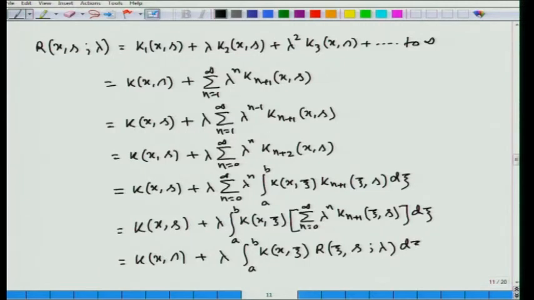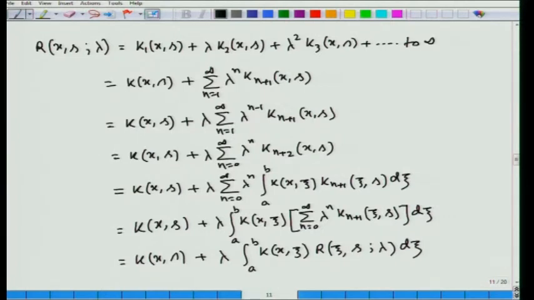If you look at the final expression, we have obtained R(x, s; lambda) is equal to K(x, s) plus lambda integral a to b K(x, xi) R(xi, s; lambda) d xi.